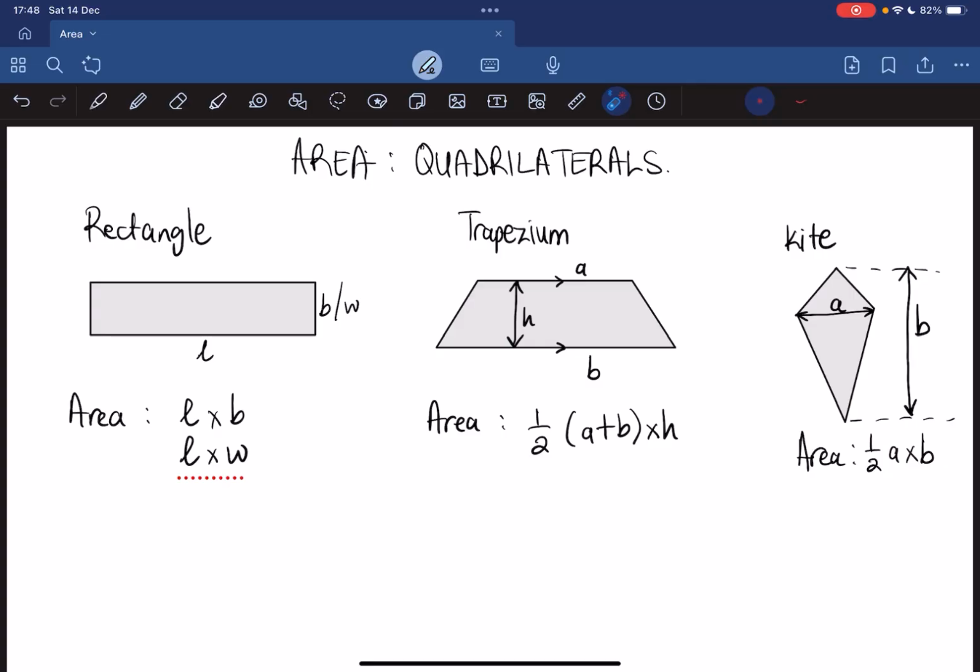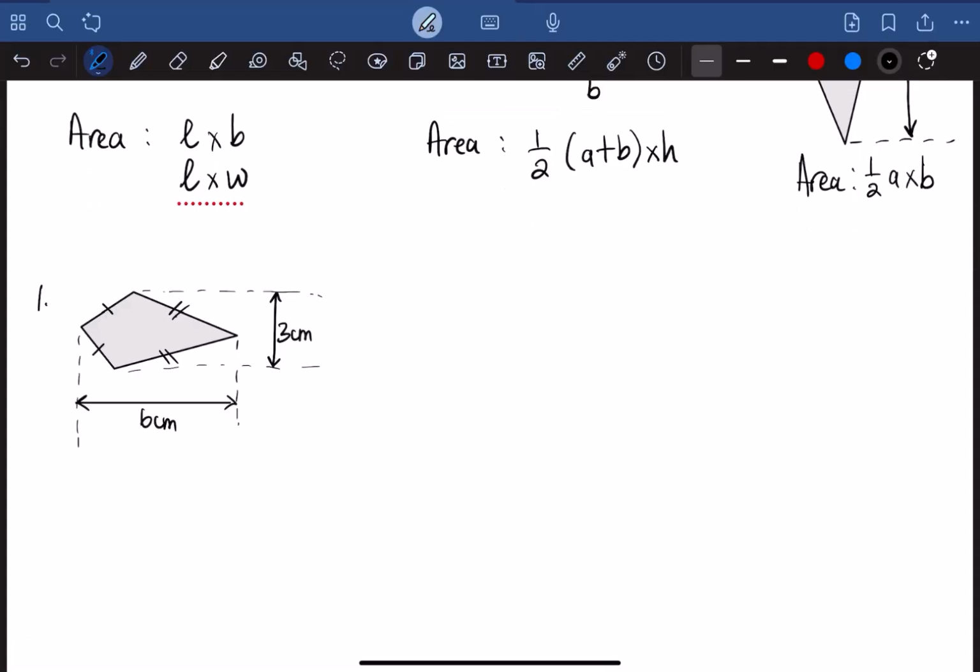I'm going to look at a couple of examples where we find the areas for each of these three shapes. Example number 1: we have a kite and we're asked to find its area, whereby you can see the two diagonals, 3 centimeters and 6 centimeters.